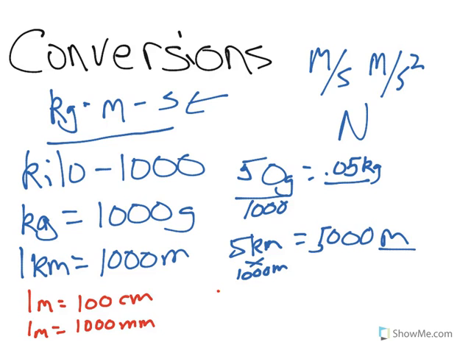So if you have 50 centimeters and you need to get it to meters, you divide by 1,000, not 1,000, I'm sorry, 100, and 50 divided by 100 would be 0.5 meters. If it's in millimeters, instead of dividing by 100, you would divide by 1,000. These are the conversions you would need.